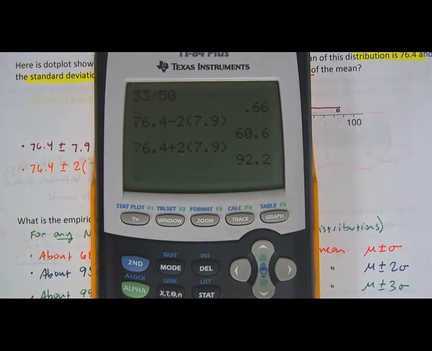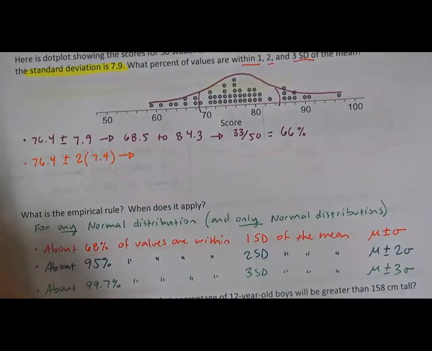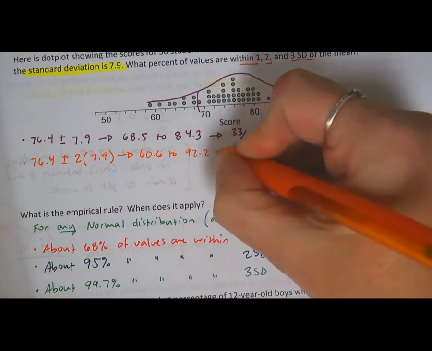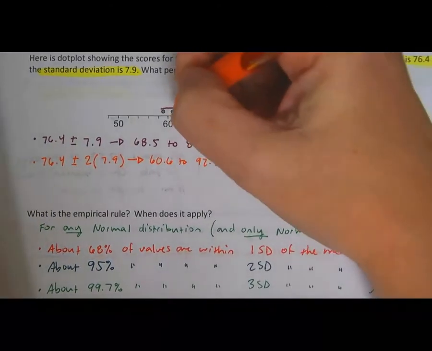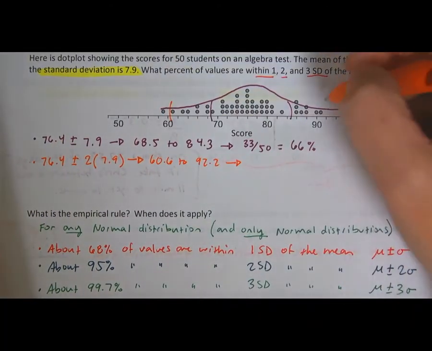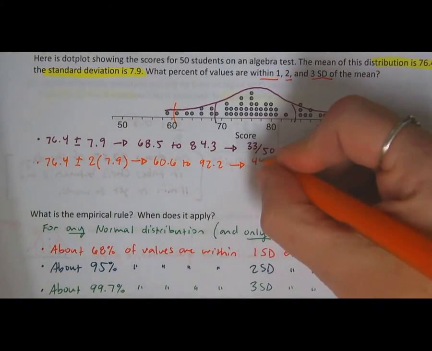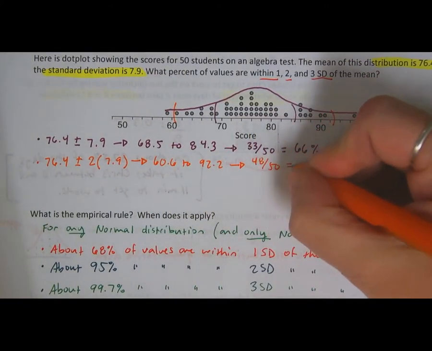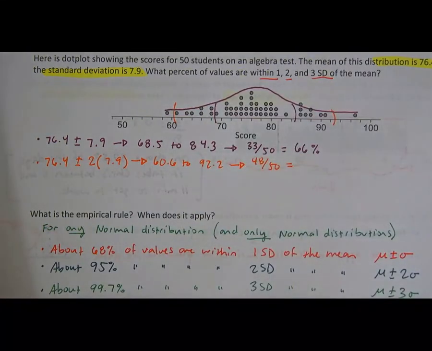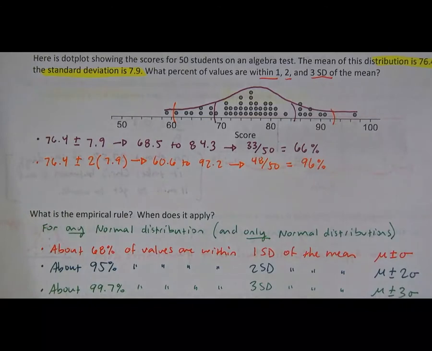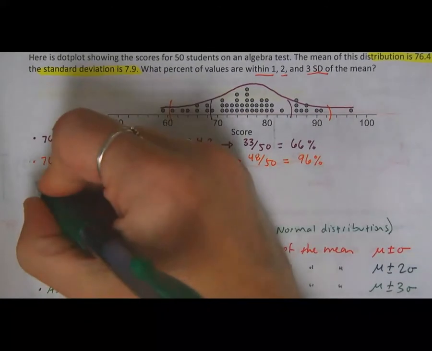So now I'm sandwiched between 60.6 and 92.2, and if you count all of those dots, there are 48 of them. 48 out of 50 is exactly 96%. Is that pretty close to 95%? Heck yeah, it is.